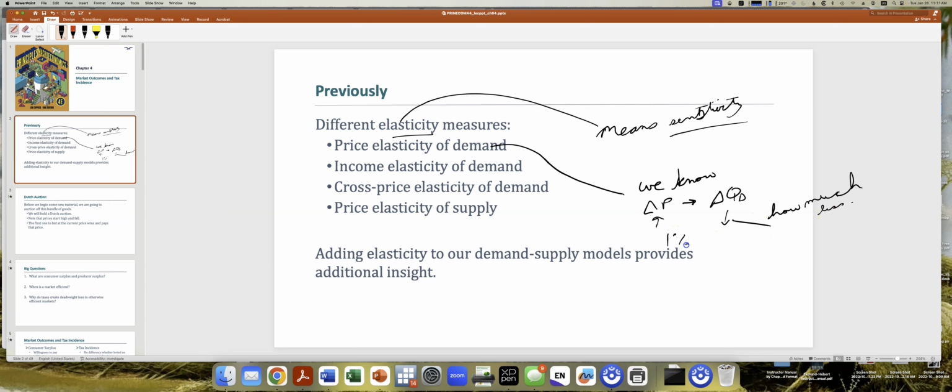If the price goes up by 1%, will the quantity change by greater than 1%, less than 1%, or equal to 1%? If it's equal, then it's unit. If it's less than 1%, then it is inelastic. And if it's greater than 1%, then it's elastic.